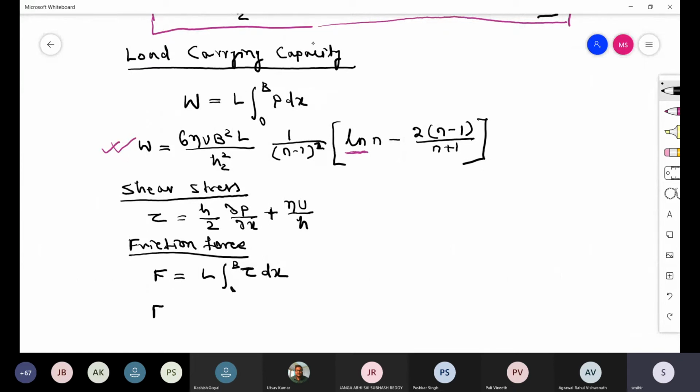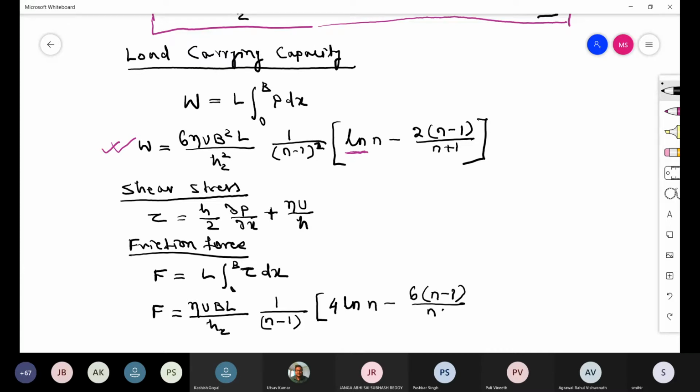If you do that, then finally the friction force will become this. This is the expression for friction force.